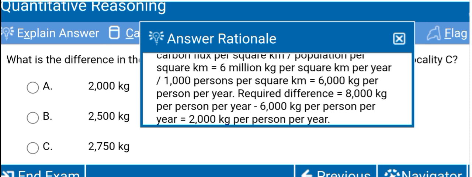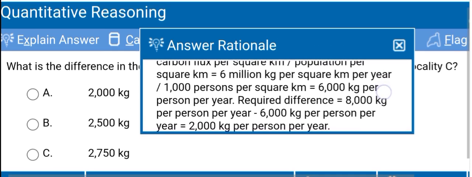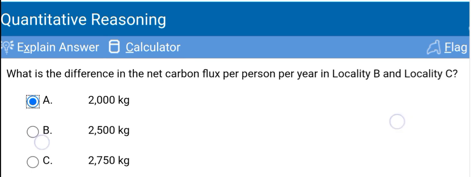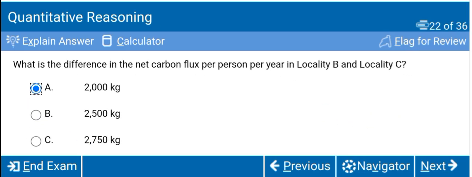So the required difference is 8000 per person per year minus 6000 kilogram per person per year equals 2000 kilogram per person per year. So that's how we can say option A is the correct option, which is 2000 kilogram. This is the difference in the net carbon flux per person per year in locality B and locality C.